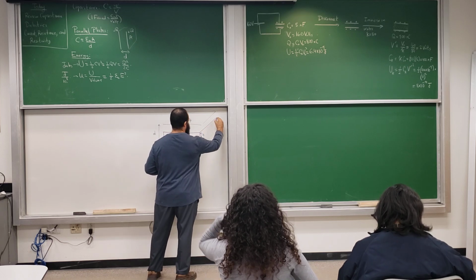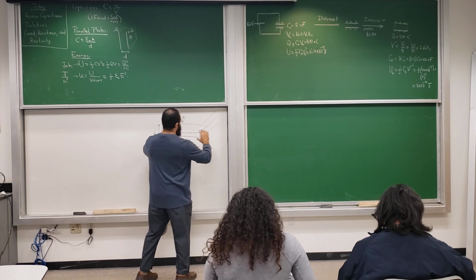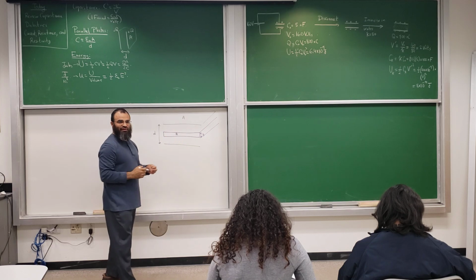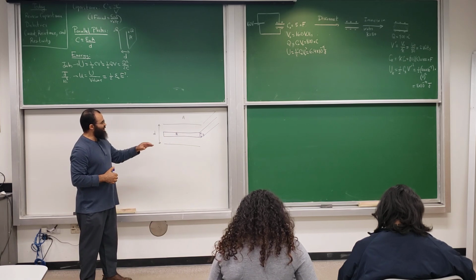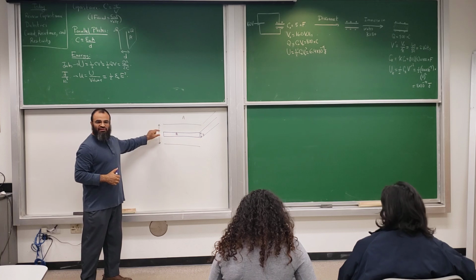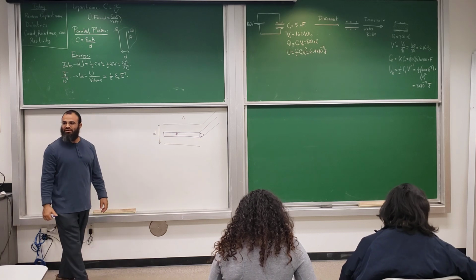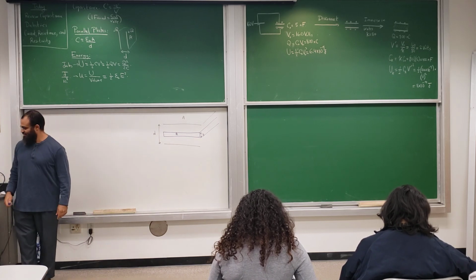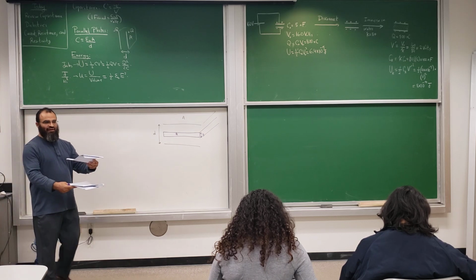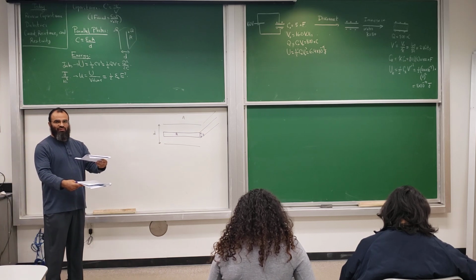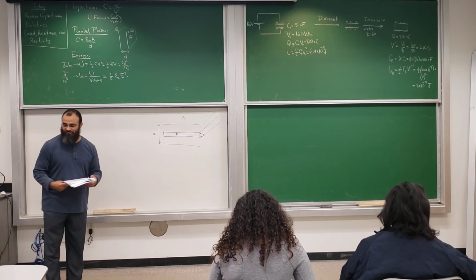Now, the dielectric goes like this, right? It has the same area, but the thickness is t. Is that clear? What I'm trying to draw? You have 2 plates, and there is a dielectric between them, but it doesn't fill up the whole gap. It just fills up part.